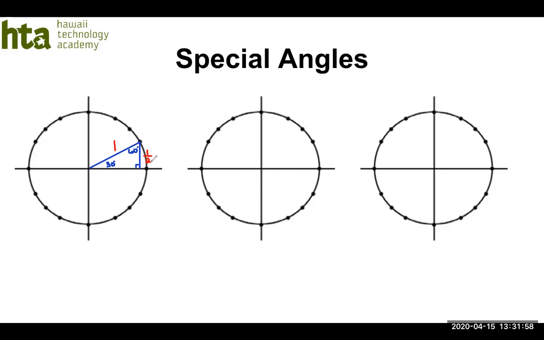So this would be 1/2. And the longer leg is whatever the short leg is times rad 3. Well, we simplified that to rad 3 over 2. So what we need to know for sure is this point right here is the point on the x, rad 3 over 2, and on the y, 1/2.